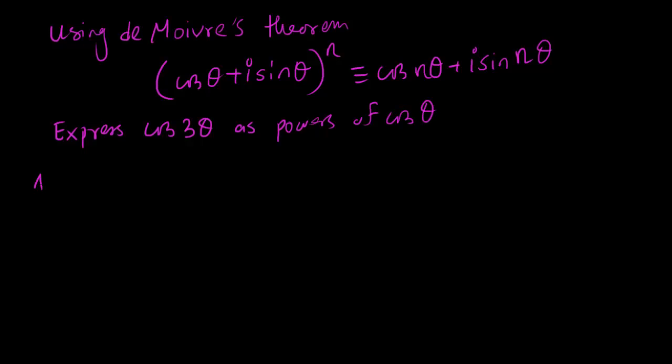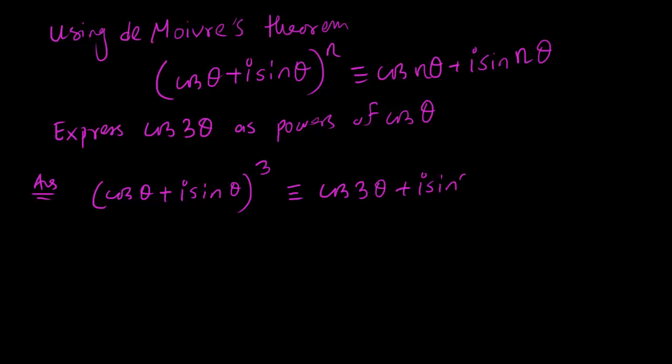The first thing you have to do is write down de Moivre's theorem for n as 3. So we write cos theta plus i sine theta to the power 3 is identical to cos 3 theta plus i sine 3 theta.